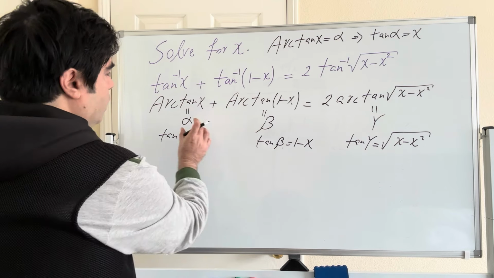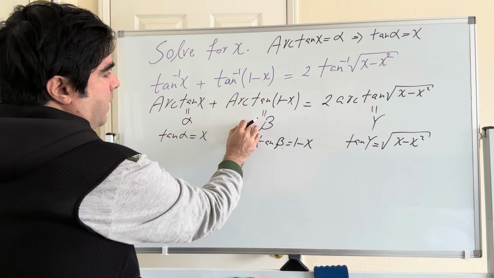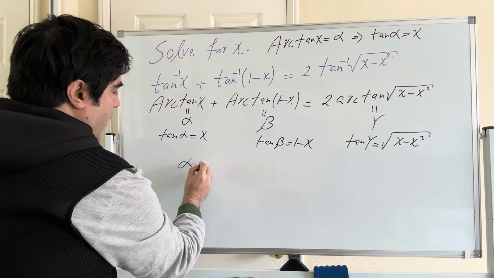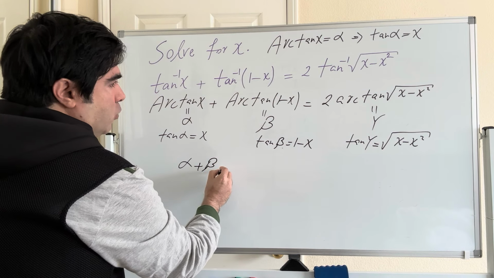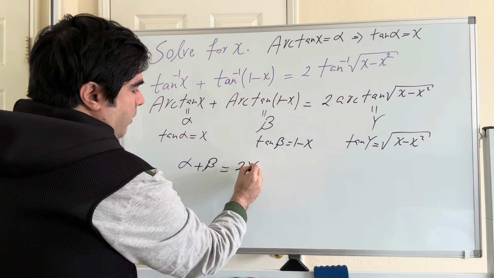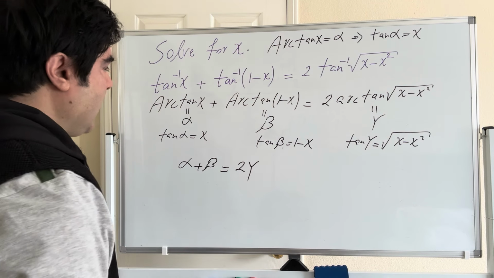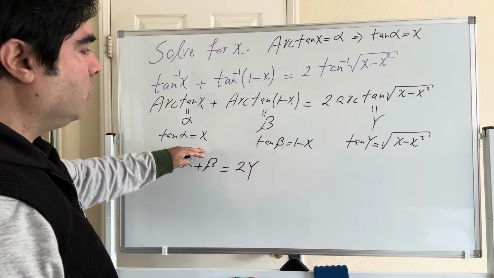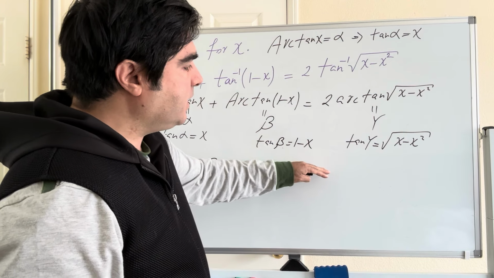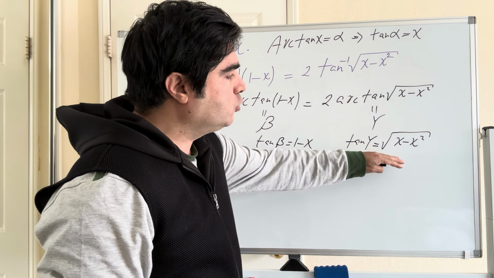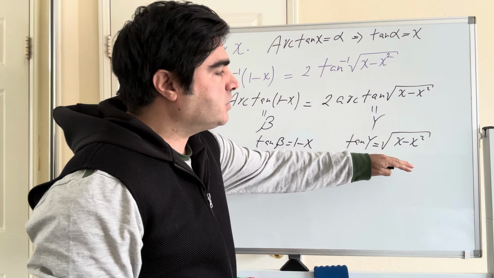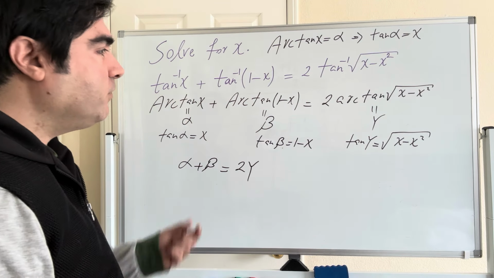So originally, when we set these to alpha and beta, basically we have alpha plus beta equal to 2 gamma. 2 times this gamma becomes 2 gamma. And then we have tangent of alpha equal x, tangent of beta equal 1 minus x, and tangent of gamma equal to the square root of x minus x squared. So what are we going to do with these?